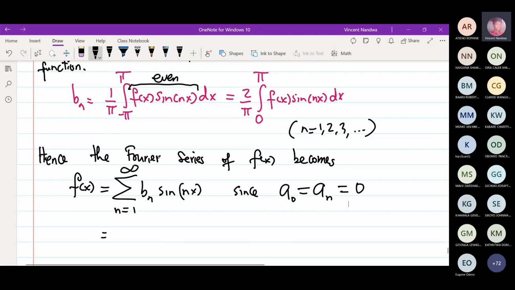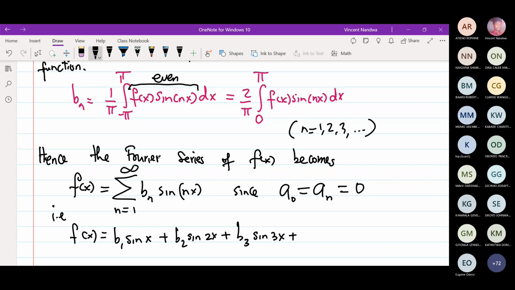Which is the same as just saying that f of x is b1 sine x plus b2 sine of 2x plus b3 sine of 3x plus b4 sine of 4x plus several other terms.